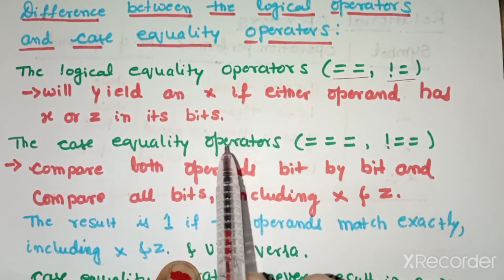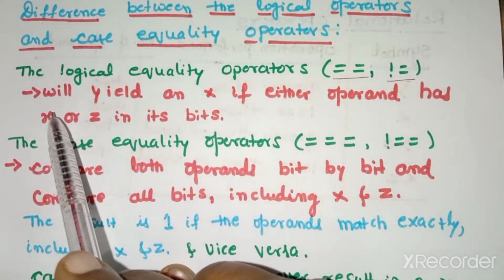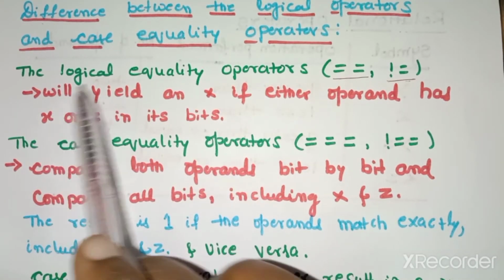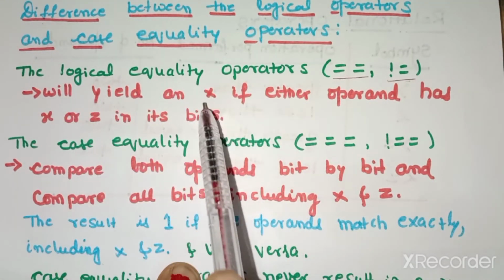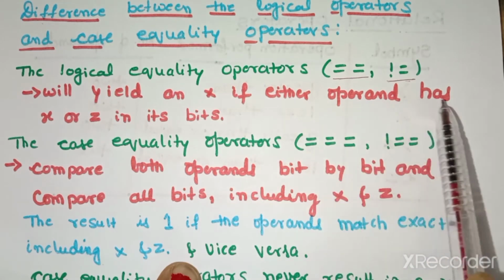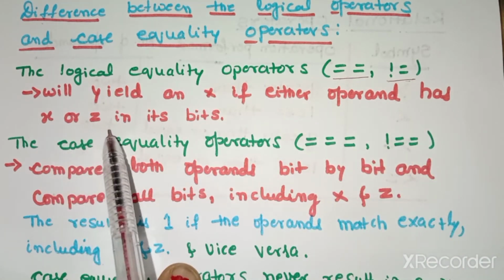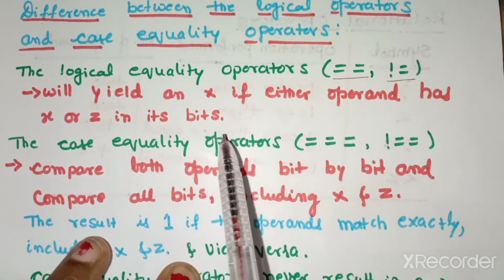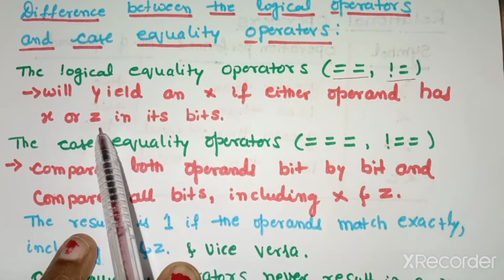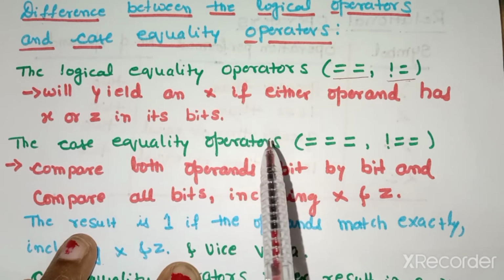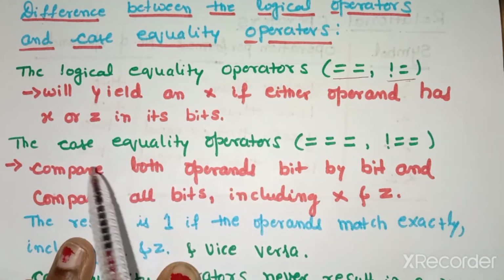These logical equality operators will yield an x if either operand has an x or z in its bits. Any one of the operands being x or z gives an answer of x.